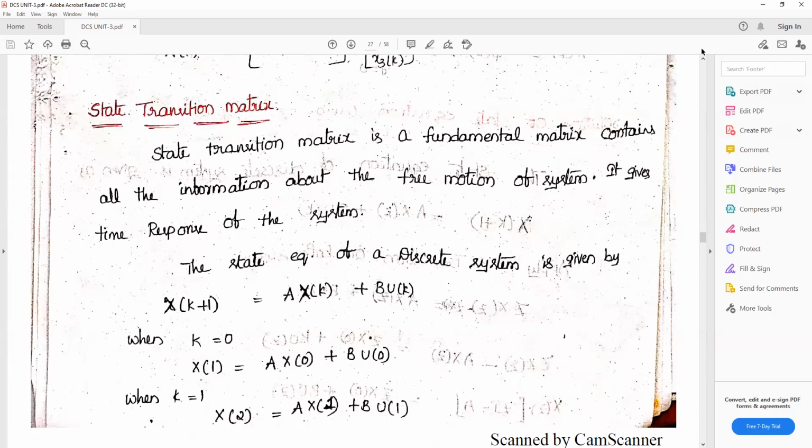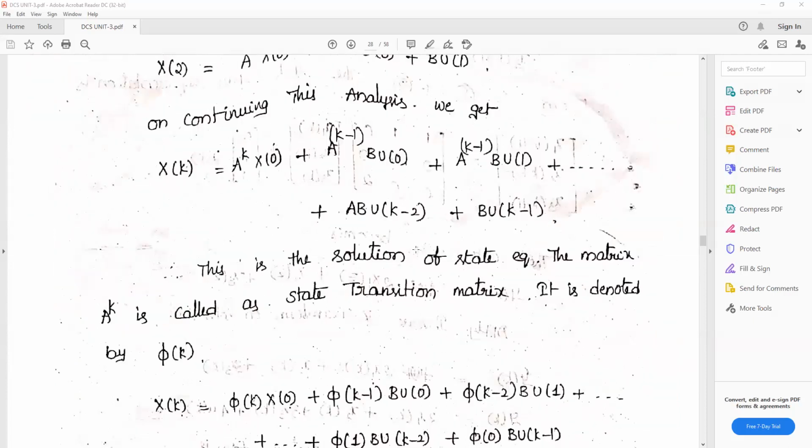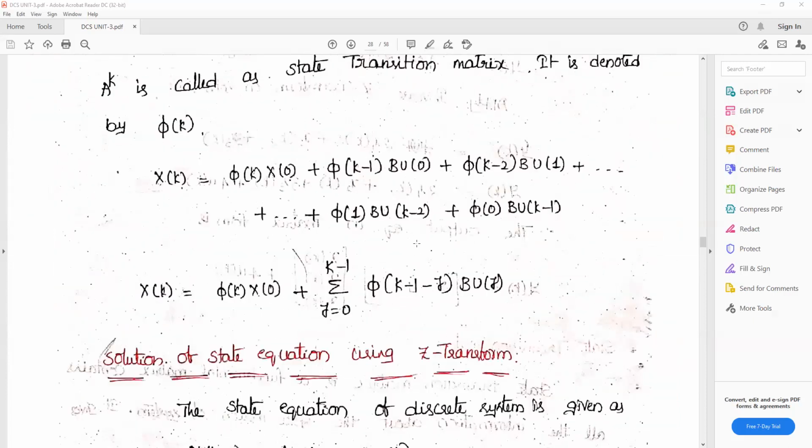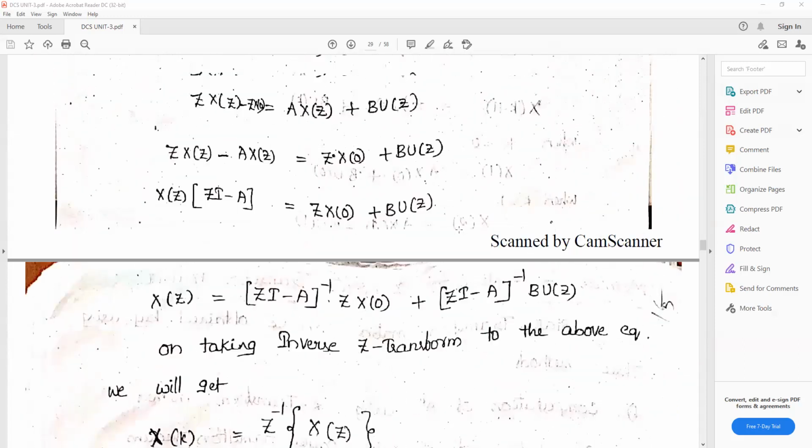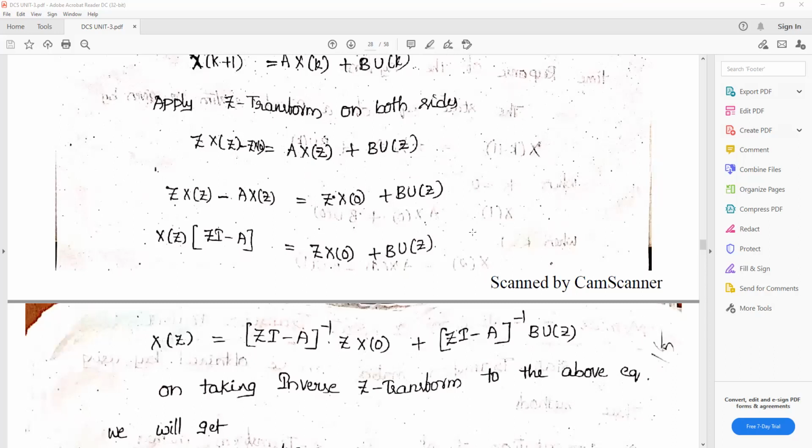The state transition matrix is a fundamental matrix, containing all the information about the free motion of the system. It gives the time response of the system. The formula is phi of k equal to A power k.